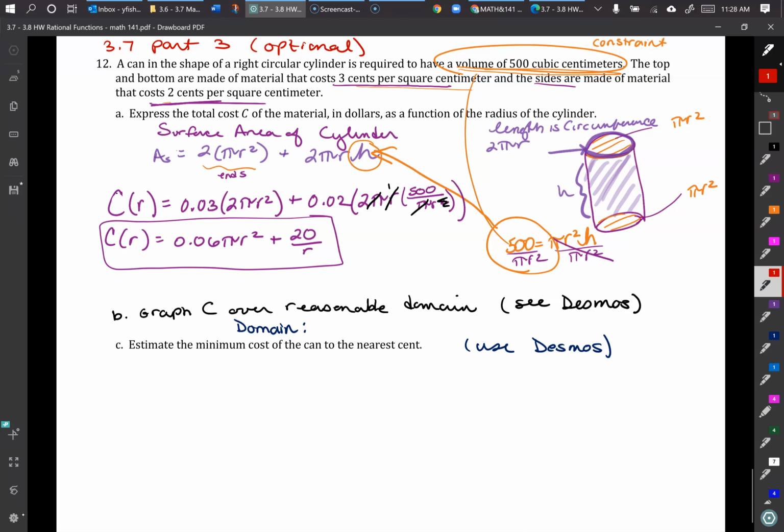We could make a common denominator here if we wanted to, and make it 0.06 pi r cubed plus 20, all divided by r. But the first one we did here in the purple could go into Desmos just as easily. So now I'm going to switch over to Desmos and I'll type that in for you.